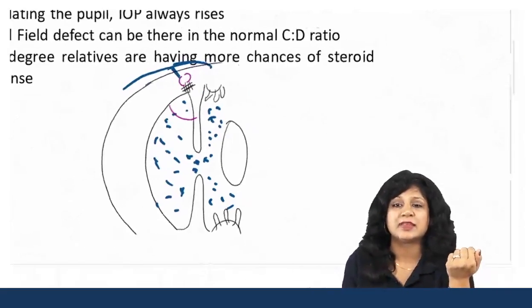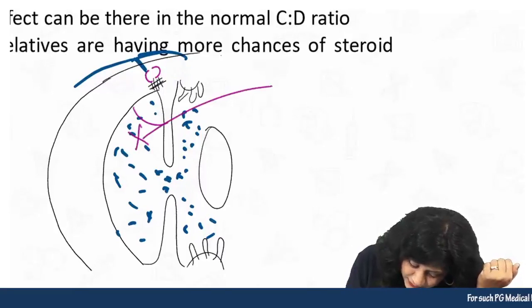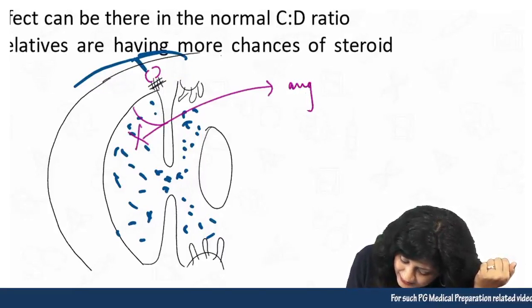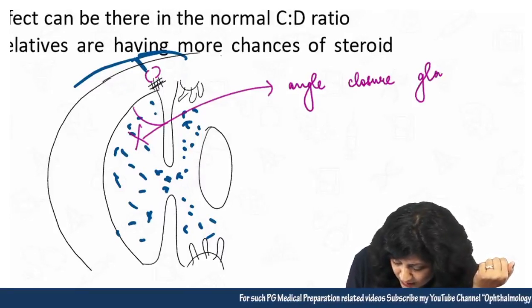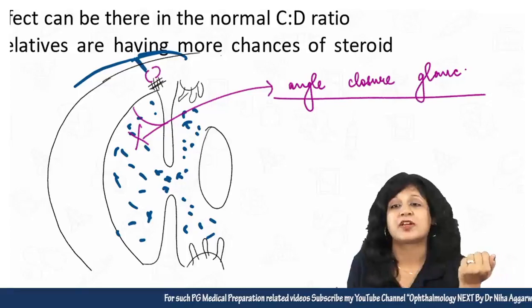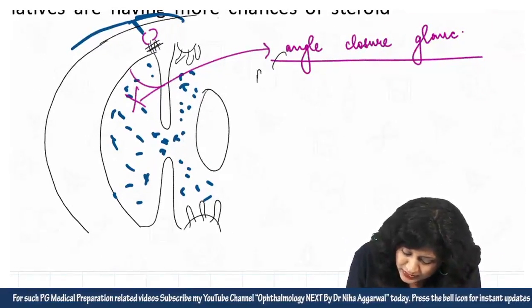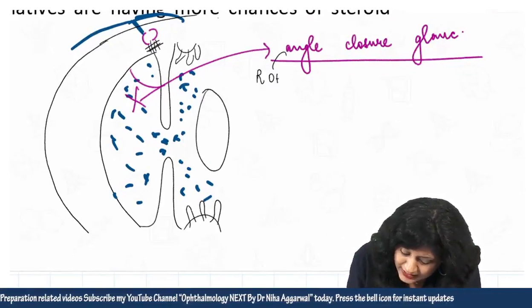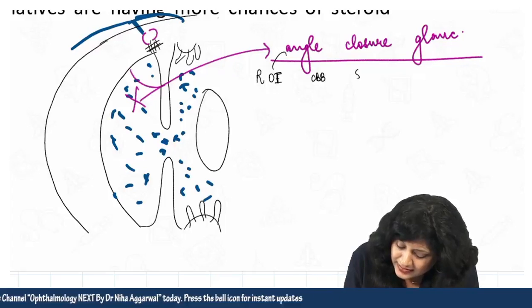So whenever we have some problem here, this is called as the angle closure glaucoma. It is called angle closure glaucoma when you are not able to see any of the structures which are lying in the angle. I told you the structures: the root of the iris, ciliary body band, scleral spur, trabecular meshwork and the Schwalbe's line.